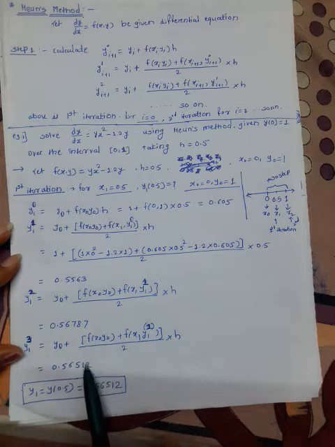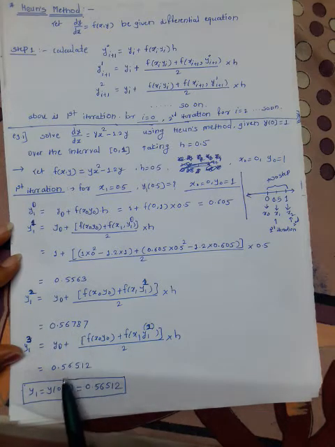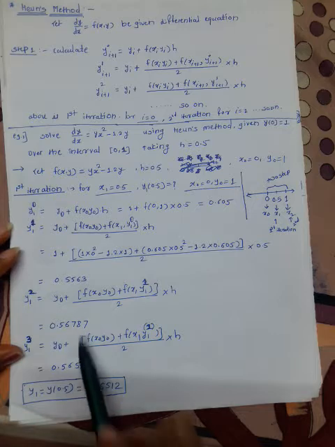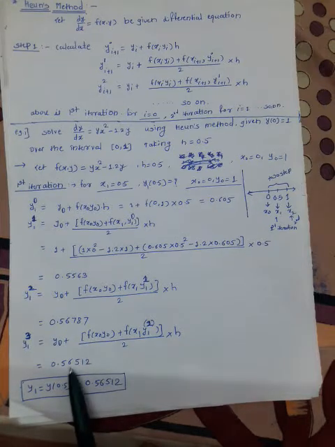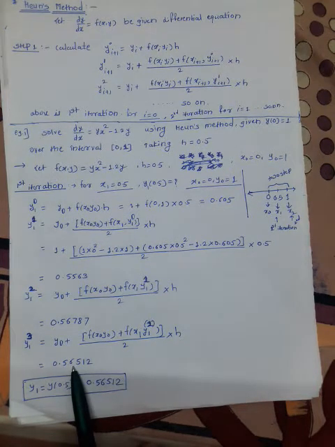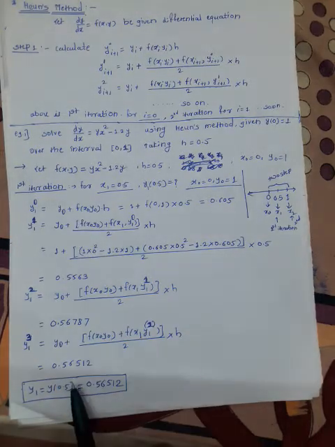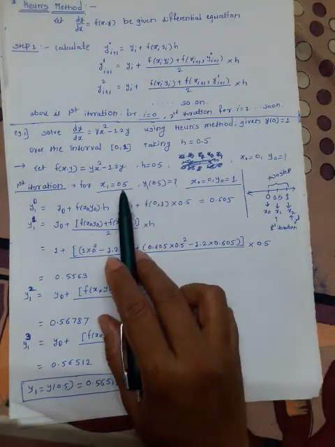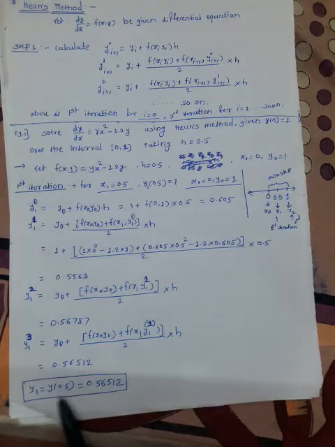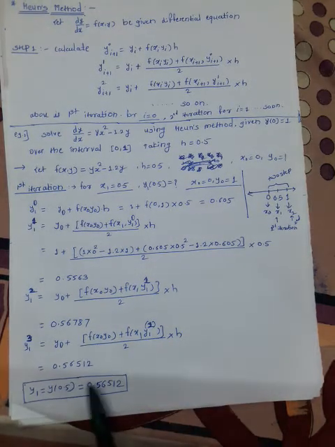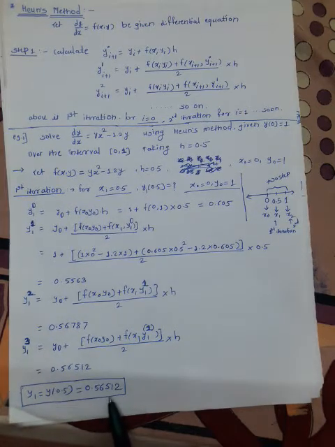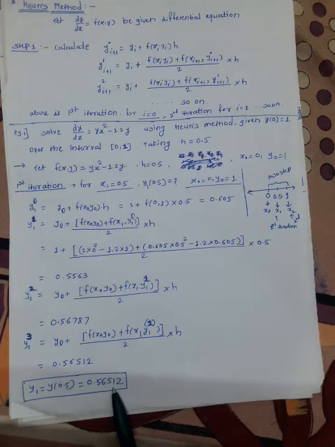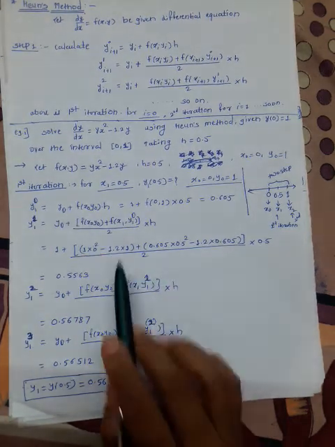Now these two, 0.567 and 0.565, are approximately equal, and if you go to the next iteration, you will get exactly the same. That's why we can stop here. The first iteration, that means the first value y1, that is y of 0.5, answer is the latest value of y, that is 0.56512.